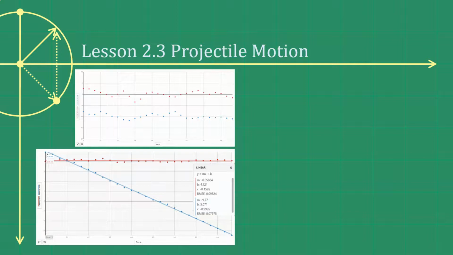And then in the y dimension, we have a velocity that starts positive, but is decreasing at a rate of about negative 10 meters per second squared. Notice that my slope for this line is negative 9.77, almost negative 9.8. And it's decreasing at that rate until it gets to 0.